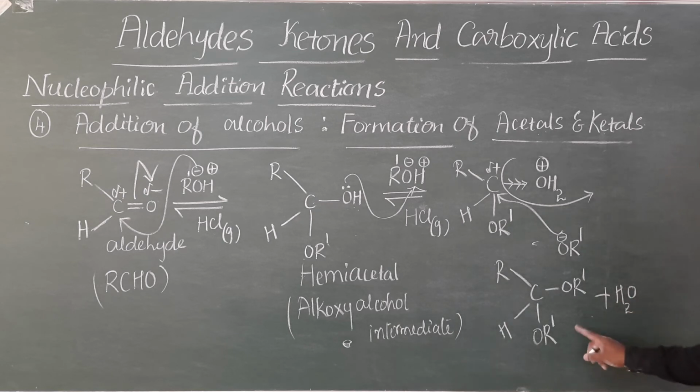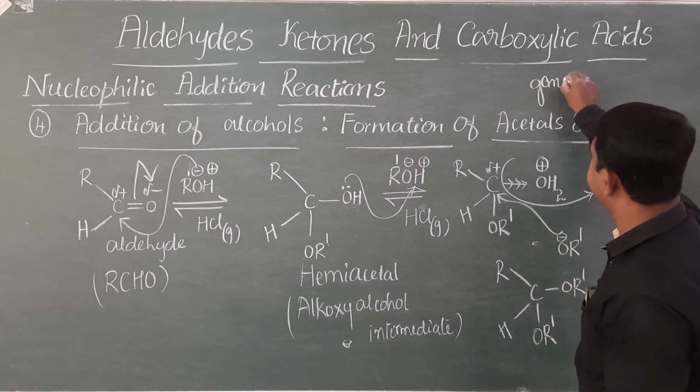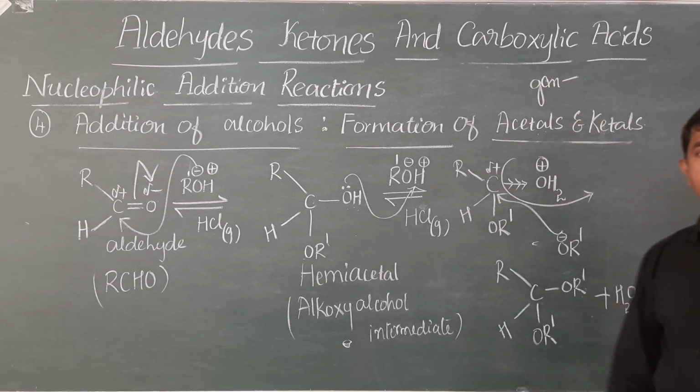So this product is called acetal, since there are two alkoxy groups, this is alkoxy and this is also an alkoxy group. Both alkyl groups are bonded to the same carbon atom, so it is called geminal.